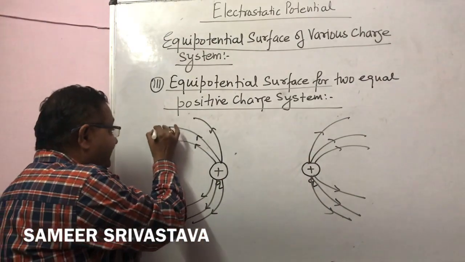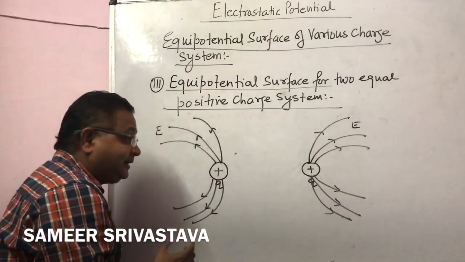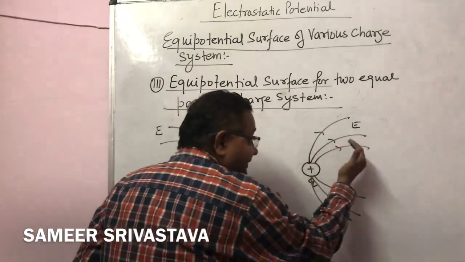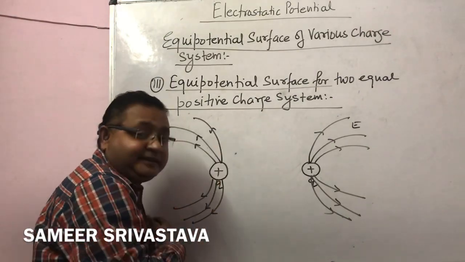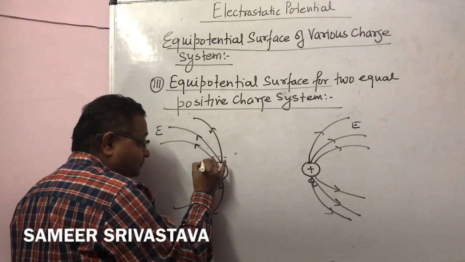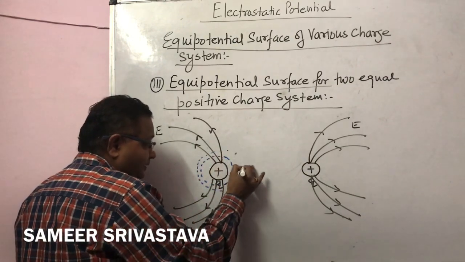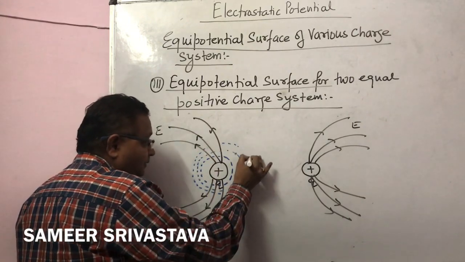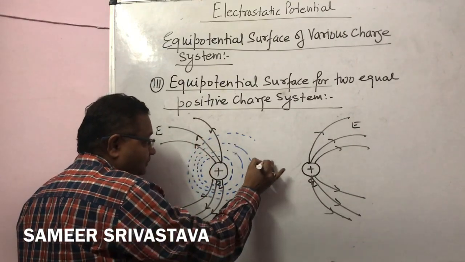So here, this region has a strong electric field and this region has a weak electric field. This region has a strong electric field and this region has a weak electric field. So we have to design the equipotential surface for this charge. Like this. Like this. Like this. Like this.